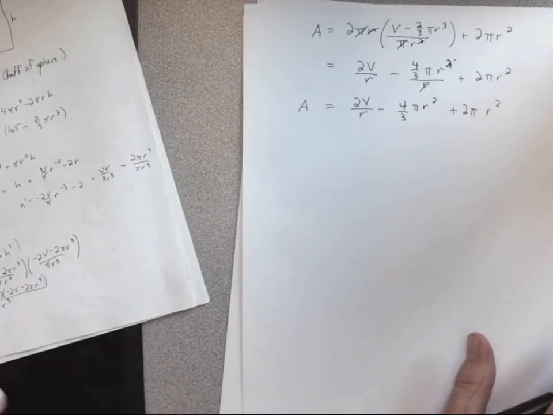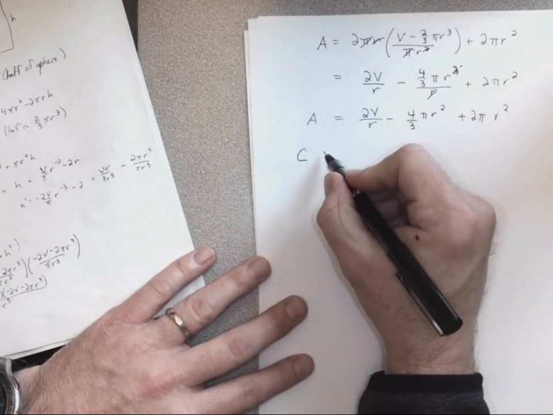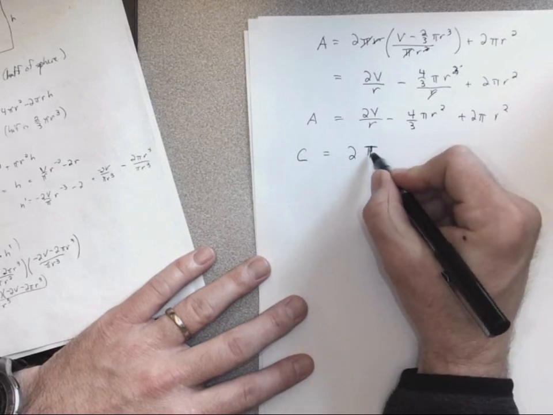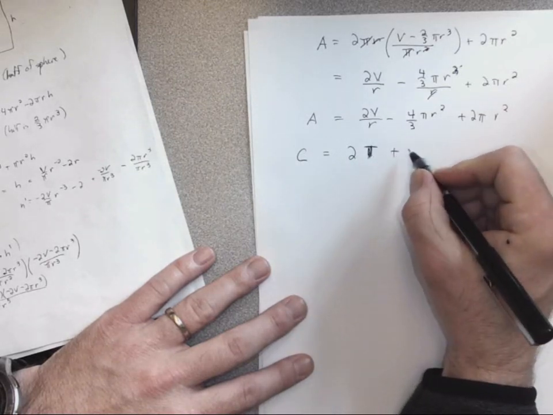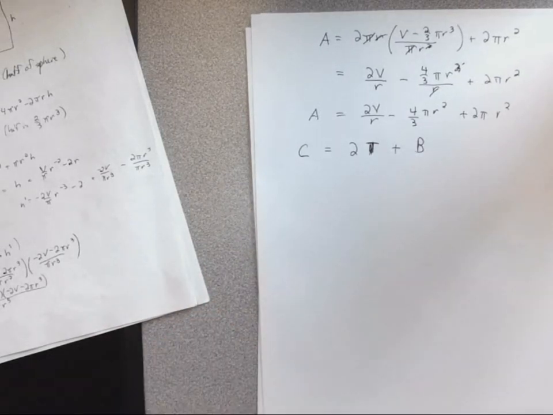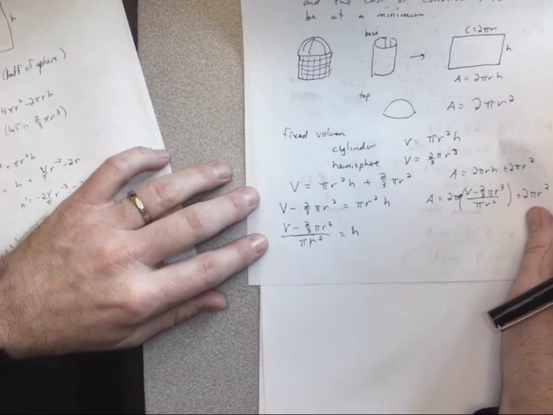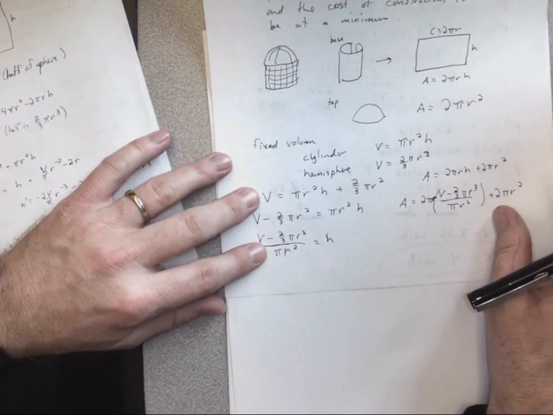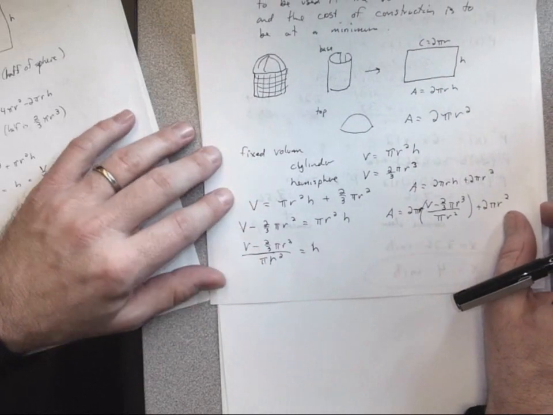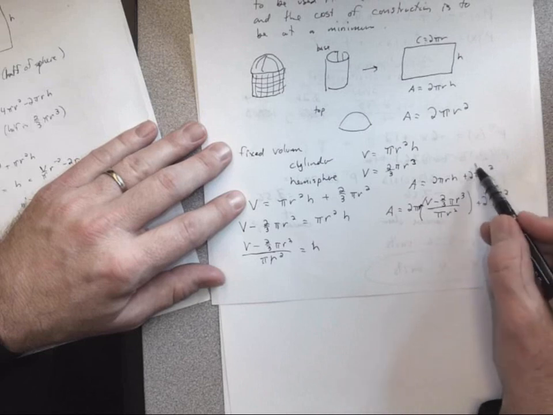So I needed to take that into account, since the cost is equal to 2 times the top plus the bottom. The top is this thing right here.